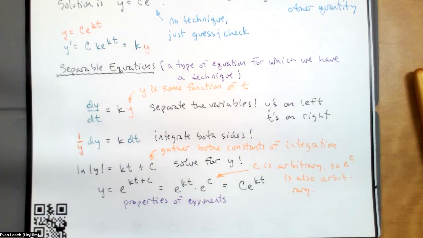It doesn't matter what we call it, it's just some constant. So rather than giving the complicated name of e to the c, I'll just call it c.